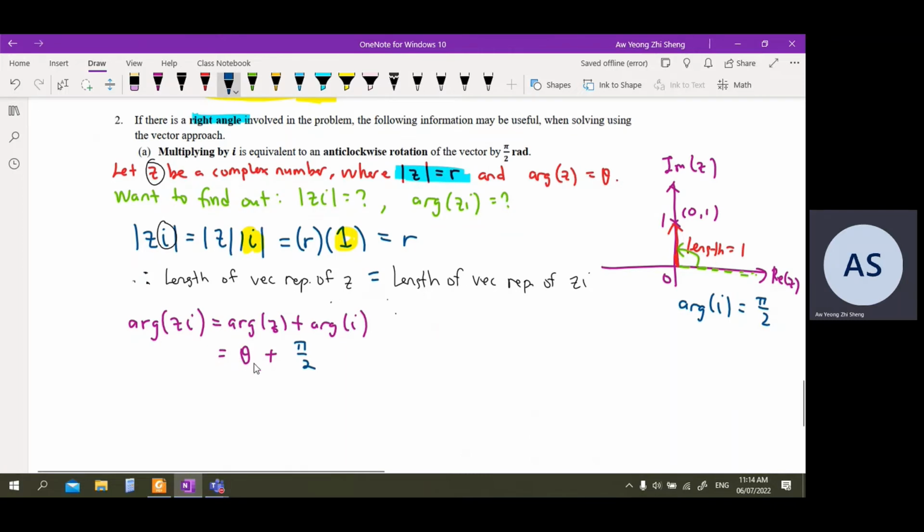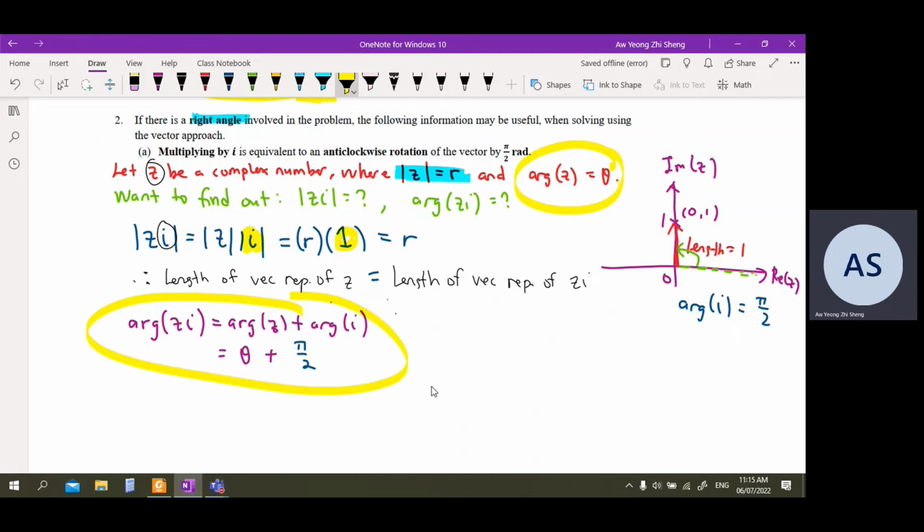Now, what is theta here? Theta is the same. So let's make some comparisons here. The argument of z is theta. The argument of zi is theta plus pi over 2. So that means that when we multiply the complex number z by i, the argument gets increased by pi over 2.